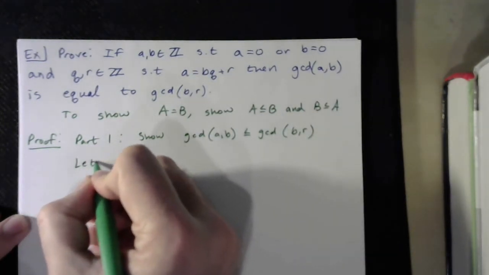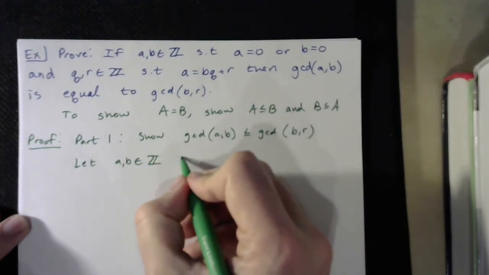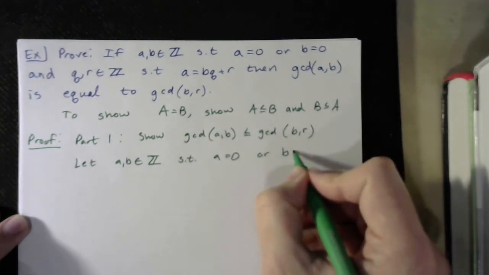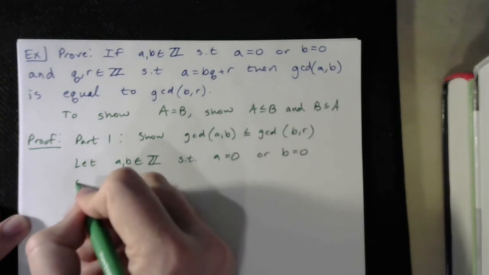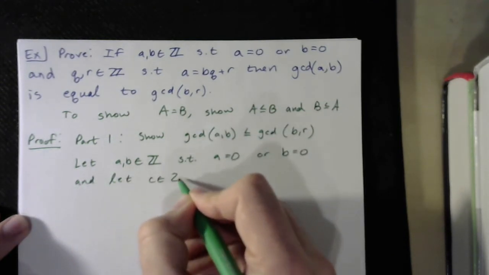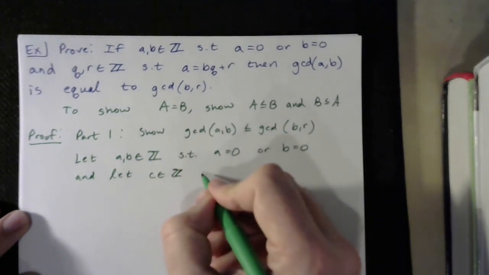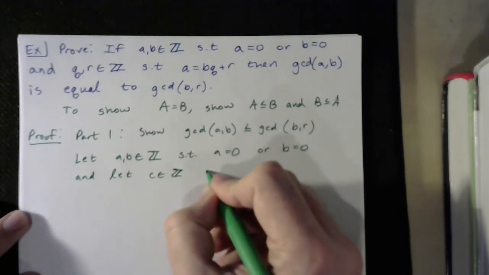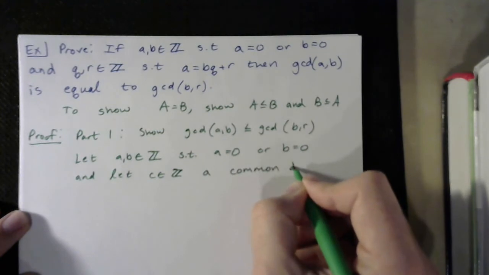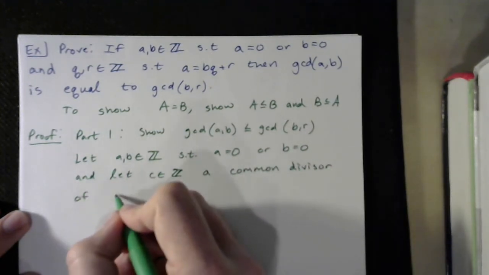So let's let a and b be integers, such that a does not equal 0 or b does not equal 0, and let c be an integer. We're going to say that this is a common divisor of a and b.